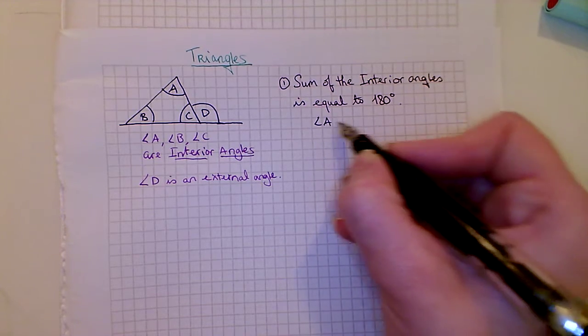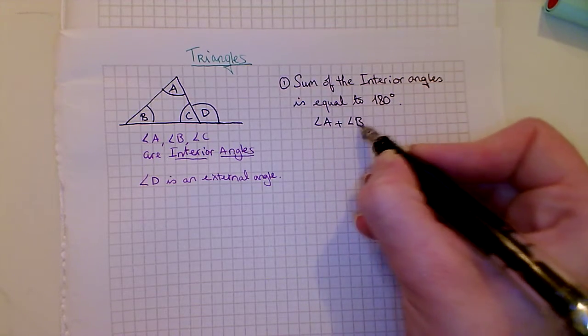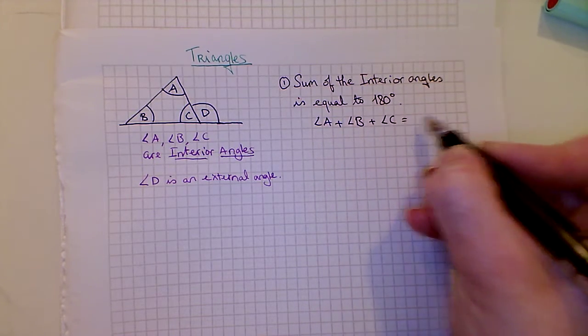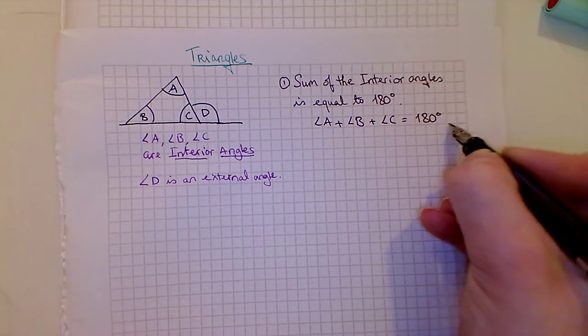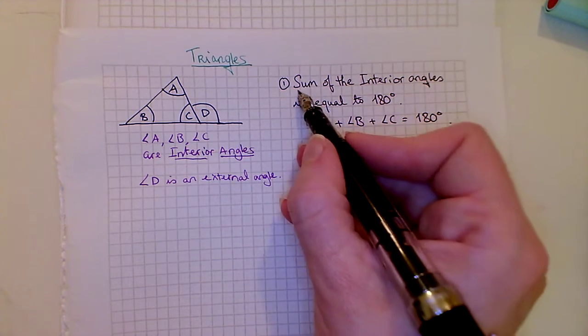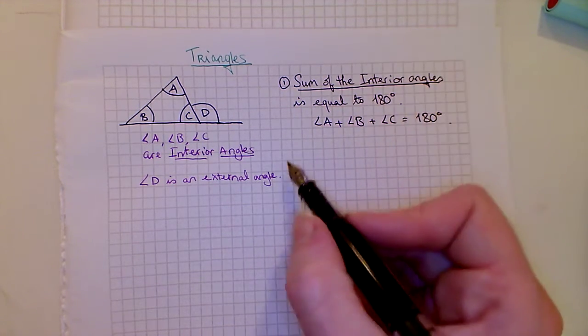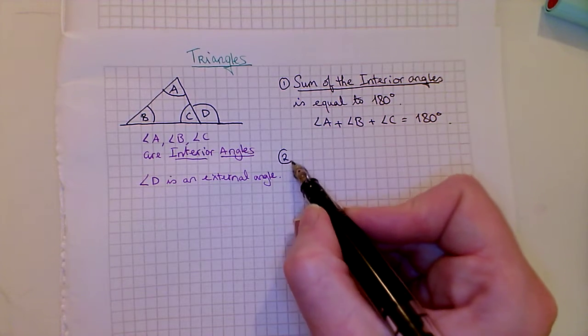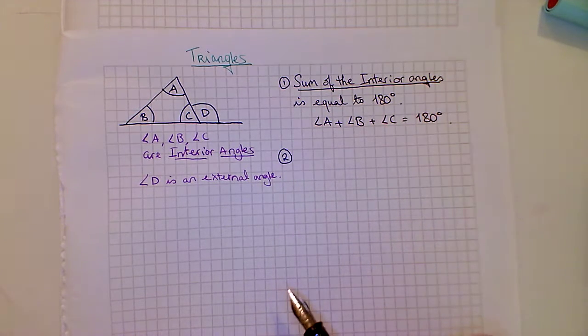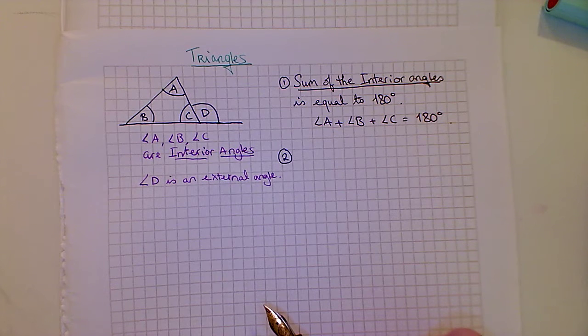Okay, so the angle A added to the angle B added to the angle C will give us 180 degrees. That's a theorem. We will later write down the names of the theorems. You don't have to prove any of them, all collected together. But for the moment, it's an important property of triangles as well, and we'll be using it soon.